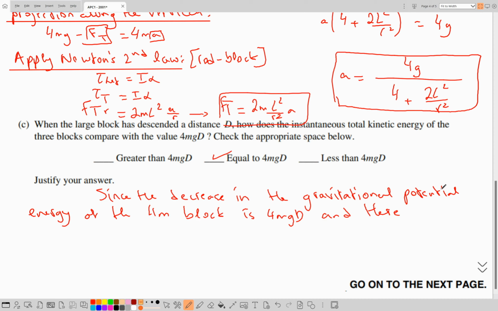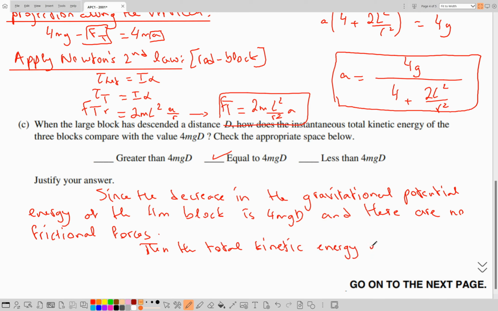As long as there are no frictional forces, there is a complete conversion of energy, and then the total kinetic energy of the three blocks is 4mgd due to complete conversion.